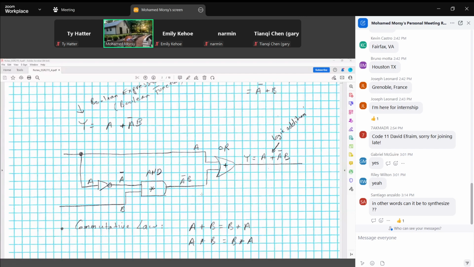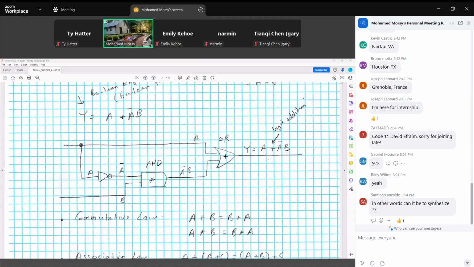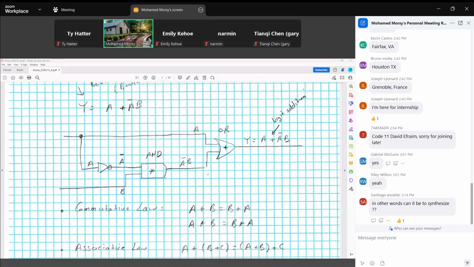We can draw the circuit, and then we may do simulation to check the circuit, and then we create the prototype for this function. Okay, so this is just a simple example of how, if we have the Boolean expression, we get the circuit.